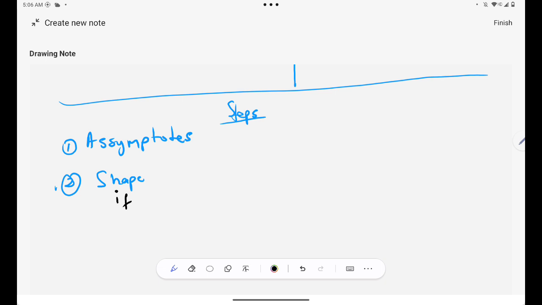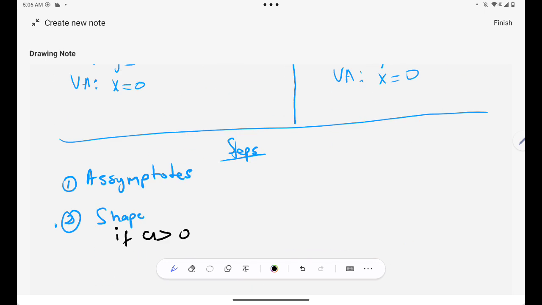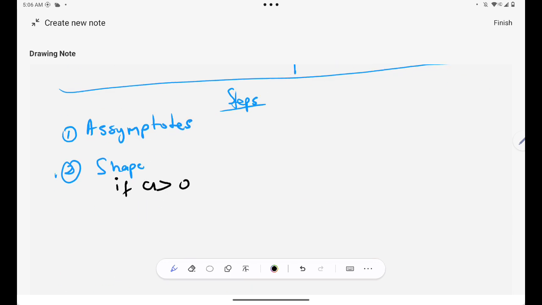If a is a positive number like this, it simply means your graph will be on the first and third quadrant. So you'll just write: therefore my graph is on the first and third quadrant. Right, together.